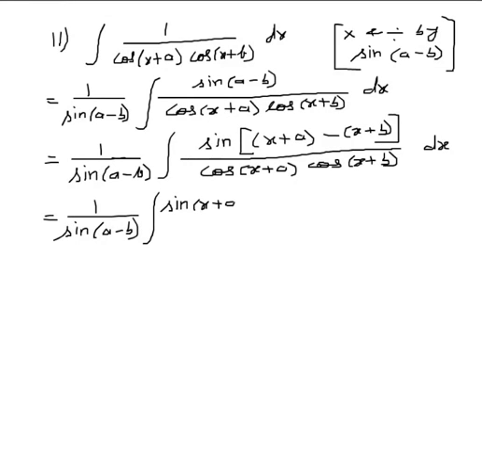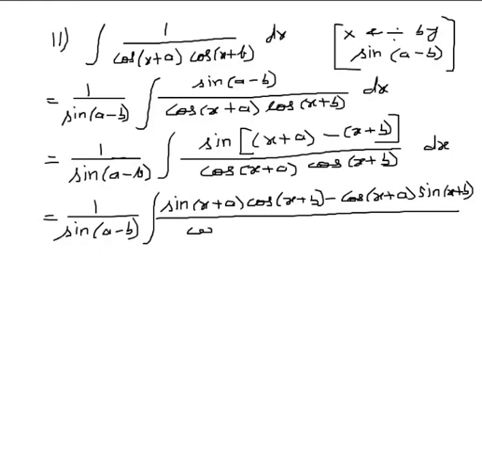So sin of (x plus a) into cos of (x plus b) minus cos of (x plus a) into sin of (x plus b) divided by cos of (x plus a) into cos of (x plus b) dx. Now we will split the term into two. The numerator has two terms. Let us separate the terms.